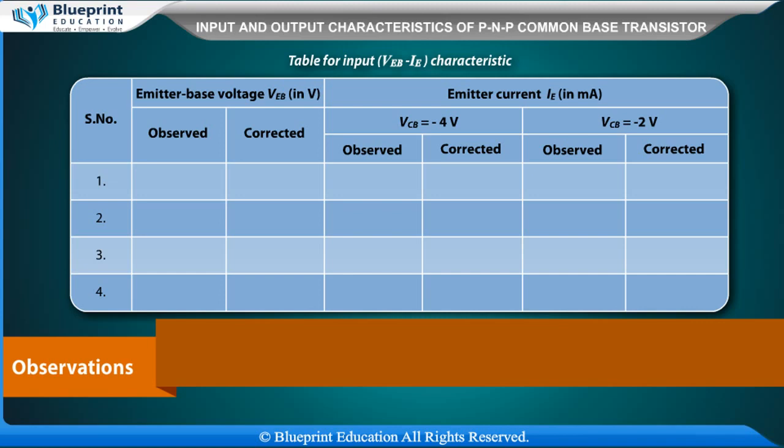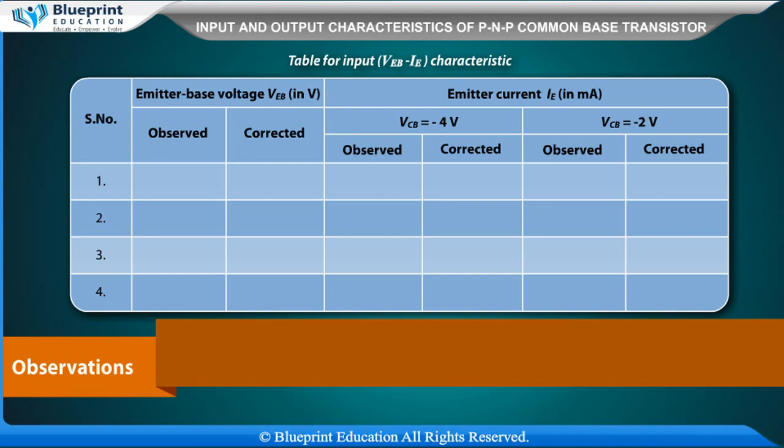Emitter base voltage VEB in volt, observed, corrected. Emitter current IE in milliampere. VCB is equal to -4 volt, observed, corrected. VCB is equal to -2 volt, observed, corrected.